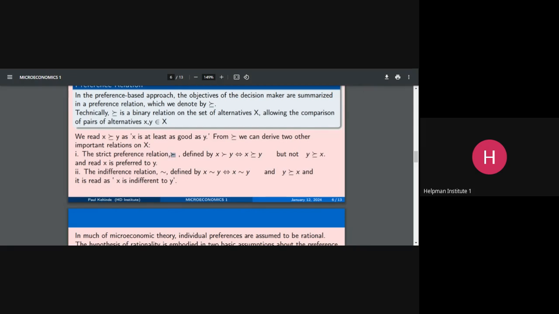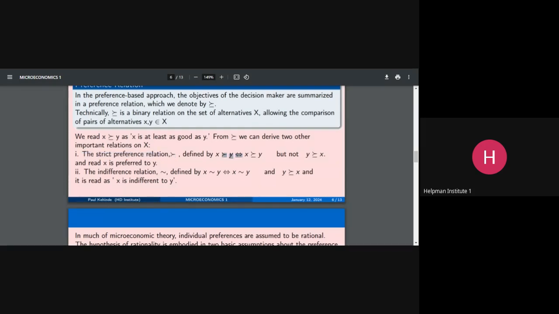What does this mean? It means no sitting on the fence. When you choose X, you've chosen it. It's preferred to Y. No going back. That is what a strict relation is saying. You are focused on X. X is strictly greater than Y.